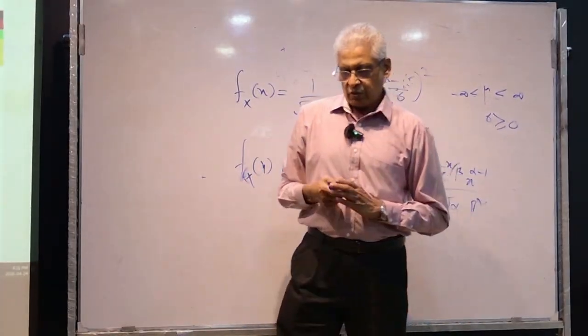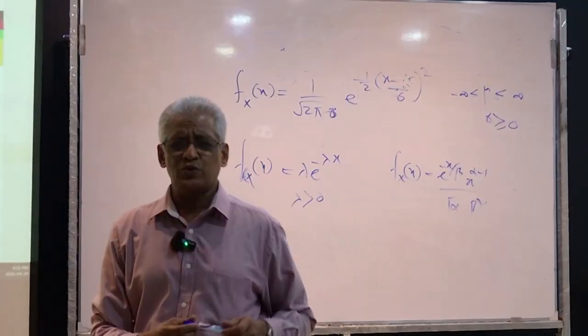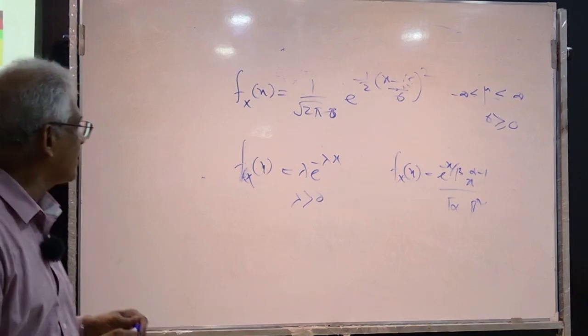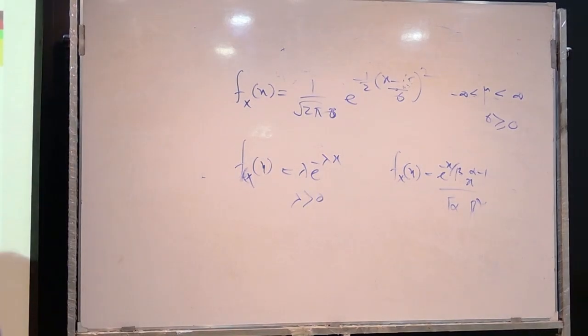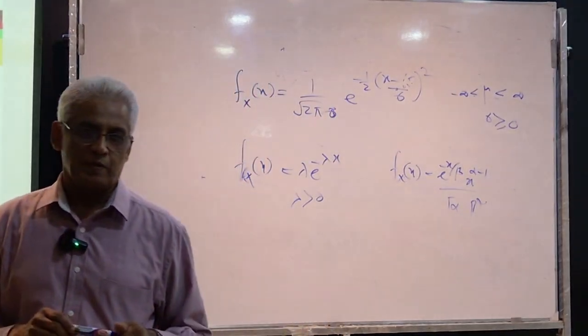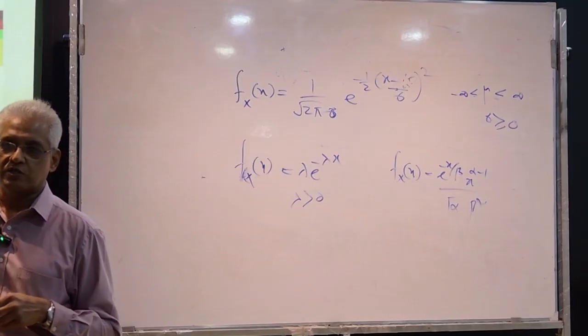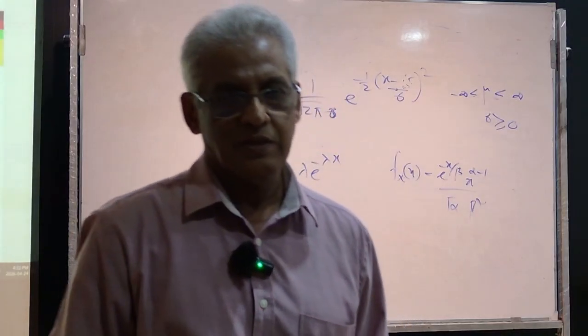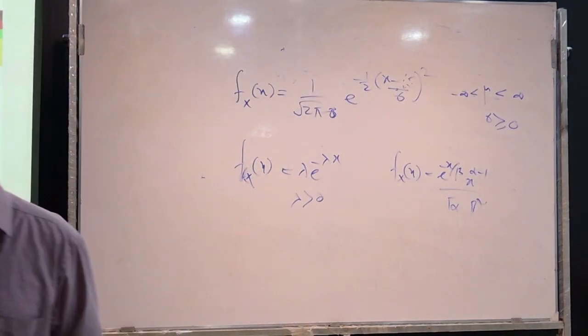Right. So when we talk about these distribution families, we use some words to describe different types of parameters. Some parameters are called location parameters. Some parameters are called scale parameters. Some are called shape parameters.